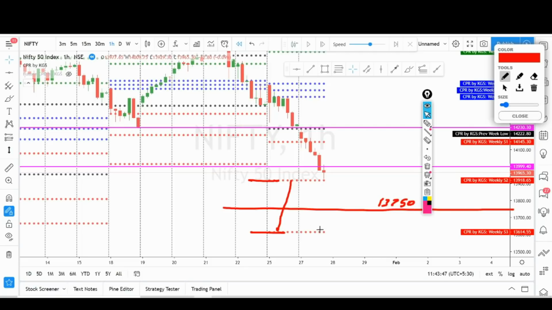And then my next target will be S3. Okay, so this will be my next target, that is target 1, and then my next target will be target 2, weekly S3. Sometimes, depending upon the market situation, I will divide this 50% itself into 2 parts.